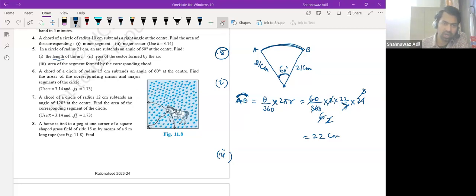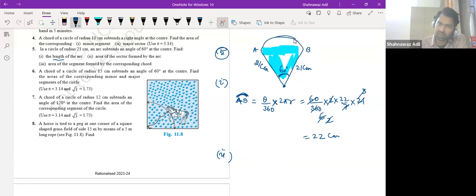Now, the area of the sector formed by the arc. So the area of this sector, right? Let me draw the arc in a good way. So let's say this is the arc.